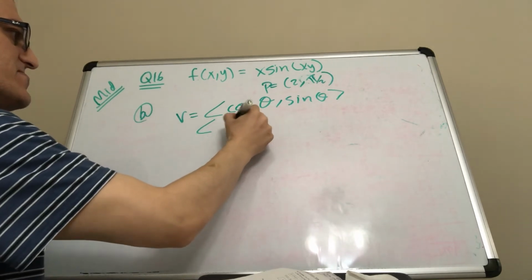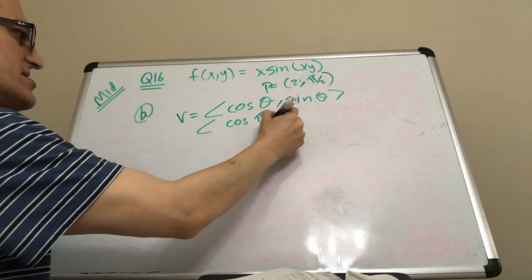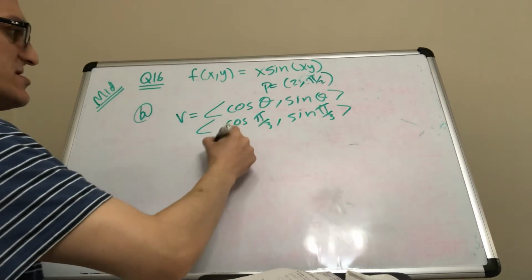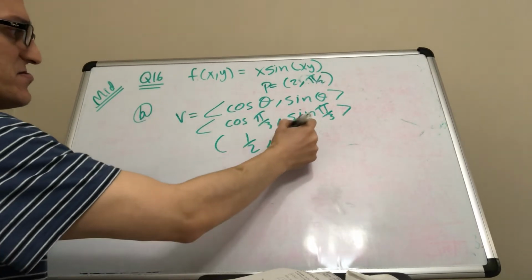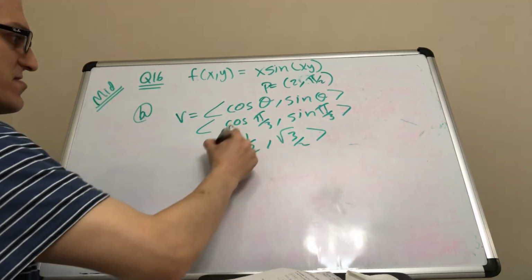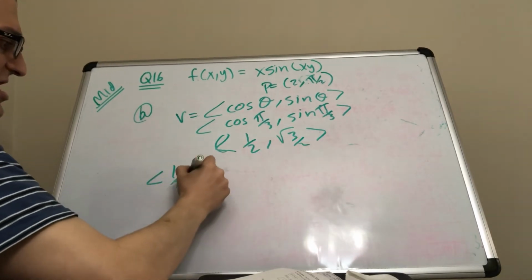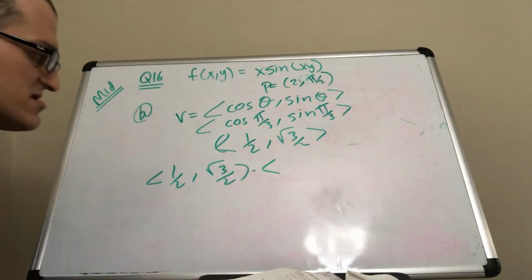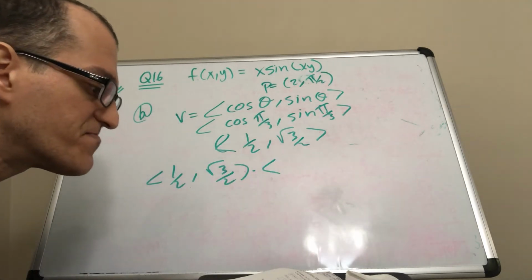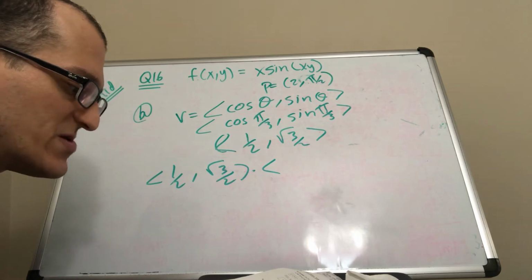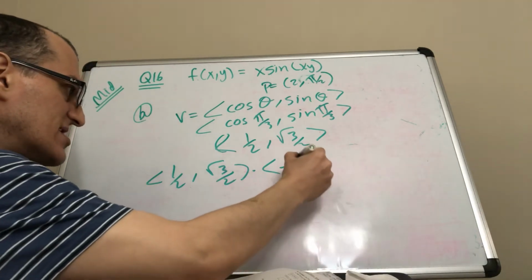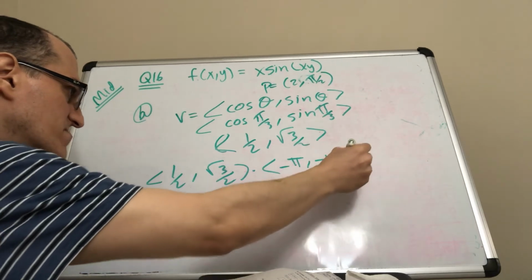Cosine of pi over 3, sine of pi over 3. Half, root 3 over 2. So we do the half, root 3 over 2 times the one we found, the gradient, which is minus pi, minus 4.